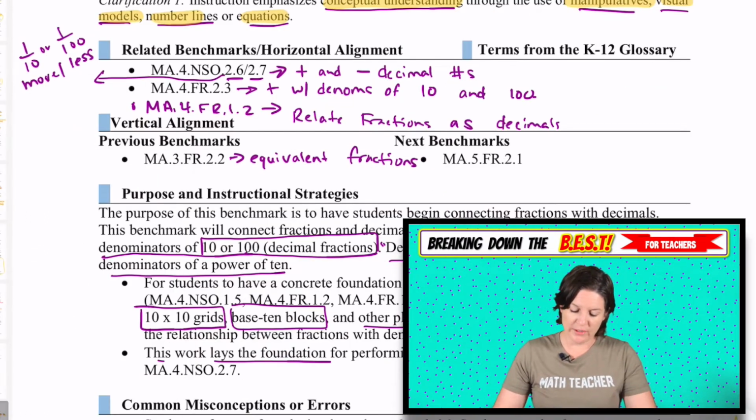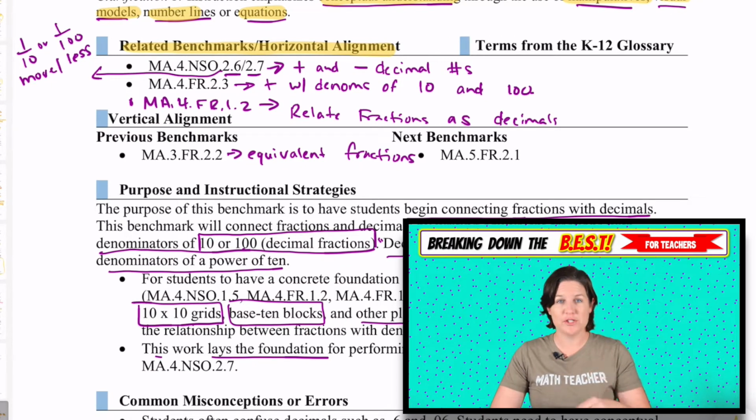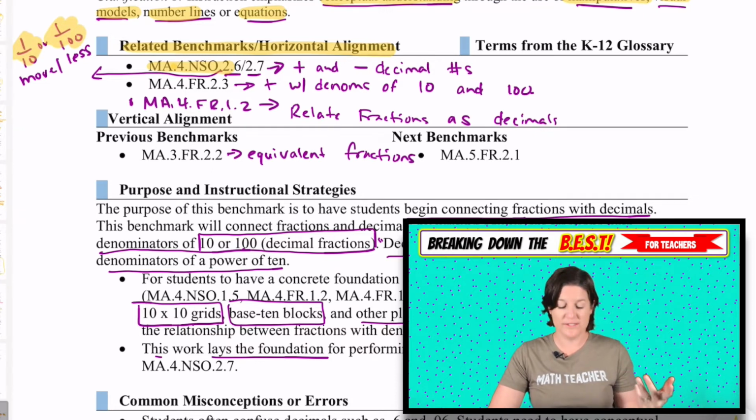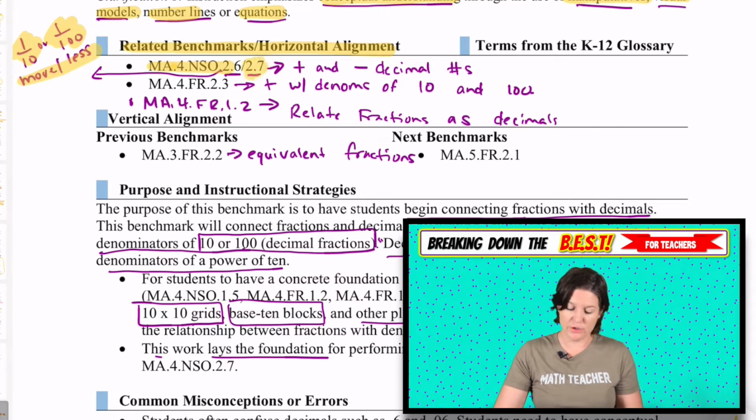All right, so what are some related or horizontal alignment benchmarks that we need to consider here? Well, in 4th grade, MA.4.NSO.2.6 is adding 1/10 more or 1/10 less to a number that you're given. And 2.7 is where we're adding and subtracting decimal numbers.